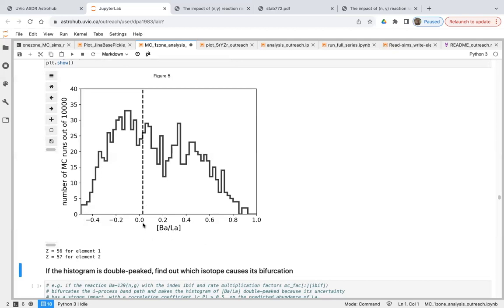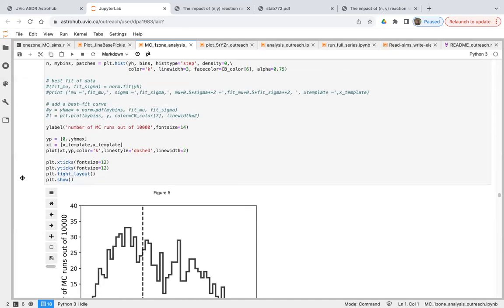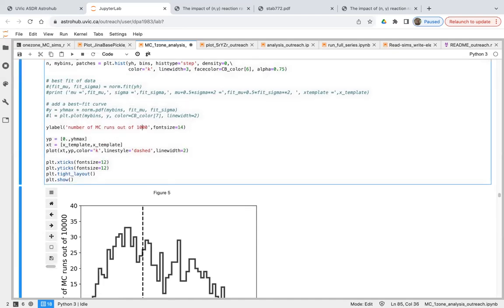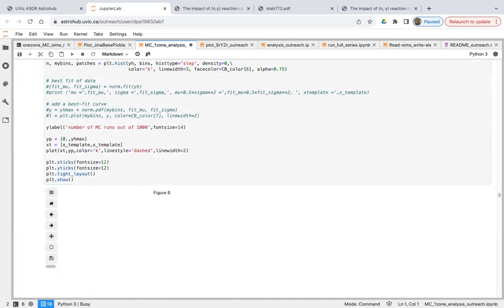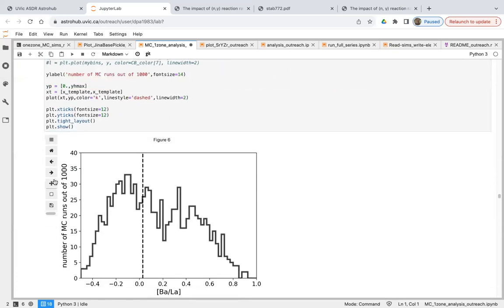The horizontal axis gives a range of predicted abundances, and the vertical axis gives the number of Monte Carlo runs out of, here it's out of 10,000. Of course, now we have 1,000. This can be corrected to out of 1,000.